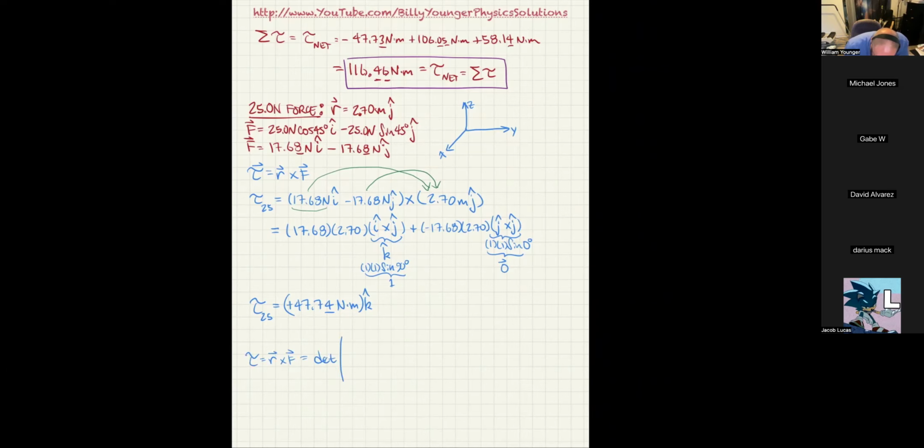My first row is I hat, J hat, K hat, and then my second row is the R vector, so that's 17.68, and then minus 17.68 because the Y component is minus, and then 0. And then my force is just in the Y direction.